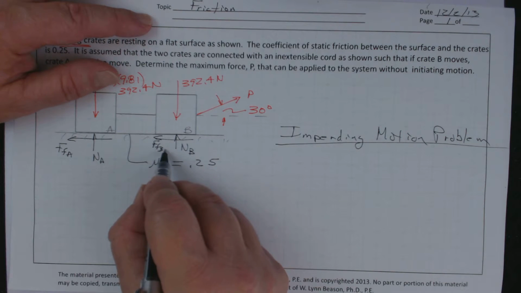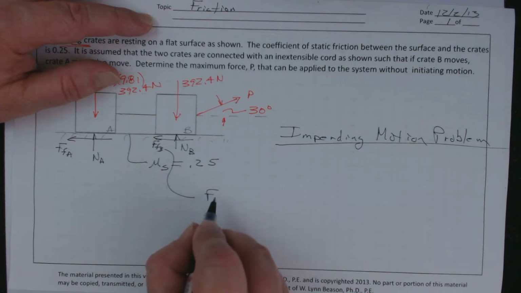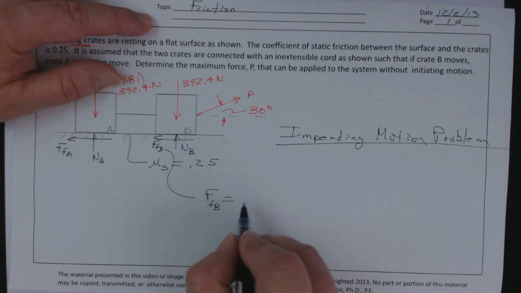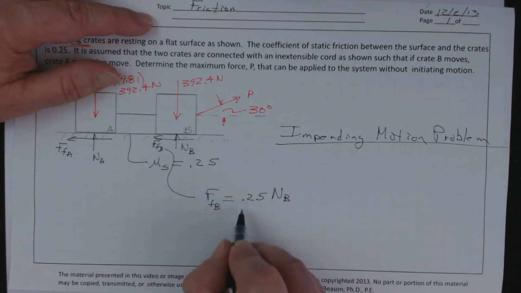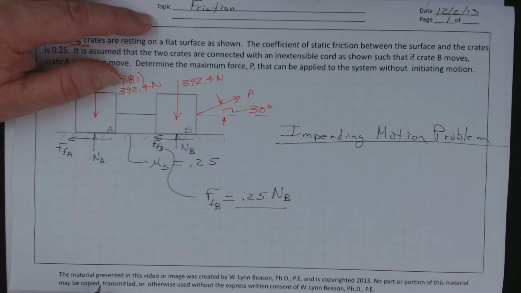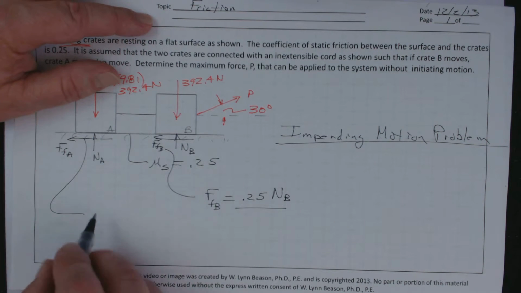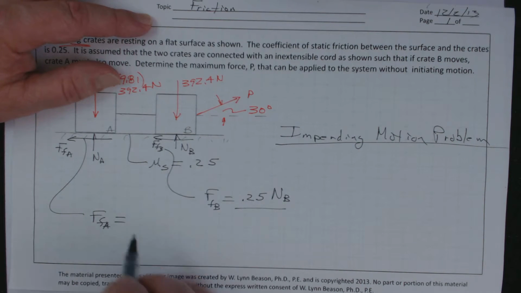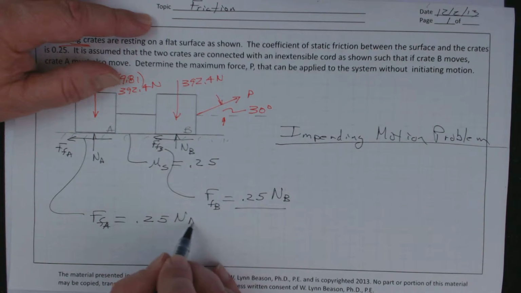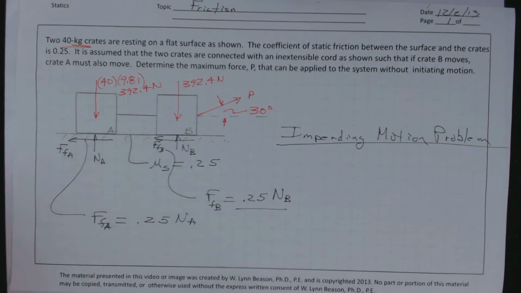So I think it's probably pretty safe to assume that under these conditions that force of friction at B will be equal to the maximum that it could be, which would be 0.25 times NB, and that the force of friction at A would be the maximum it could be, which is 0.25 NA, like that.